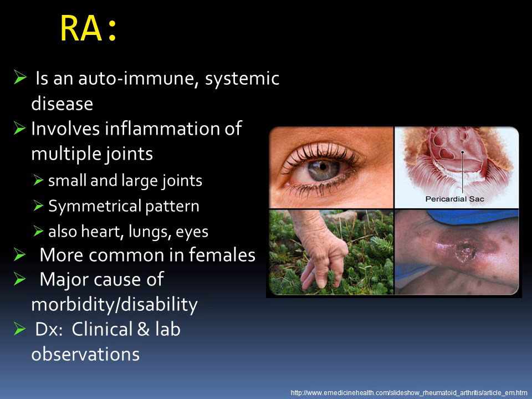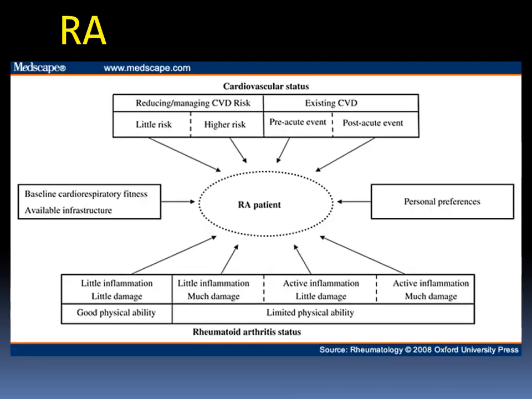The major cause of morbidity and disability is rheumatoid arthritis, and usually the diagnosis is going to be clinical or through lab. So how does the health impact on an individual who does have rheumatoid arthritis?